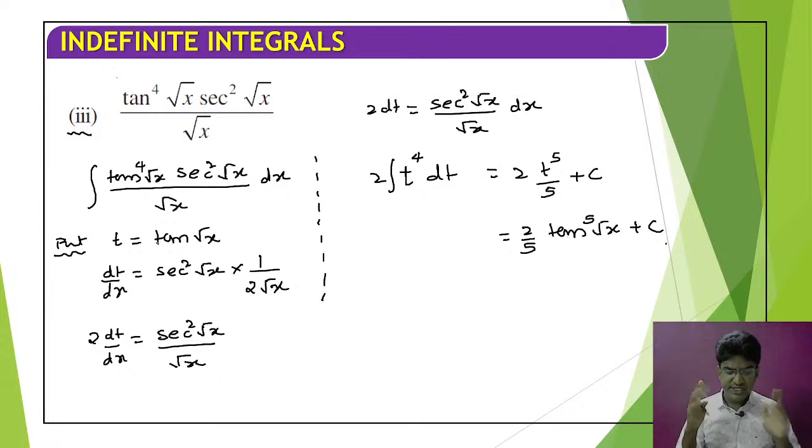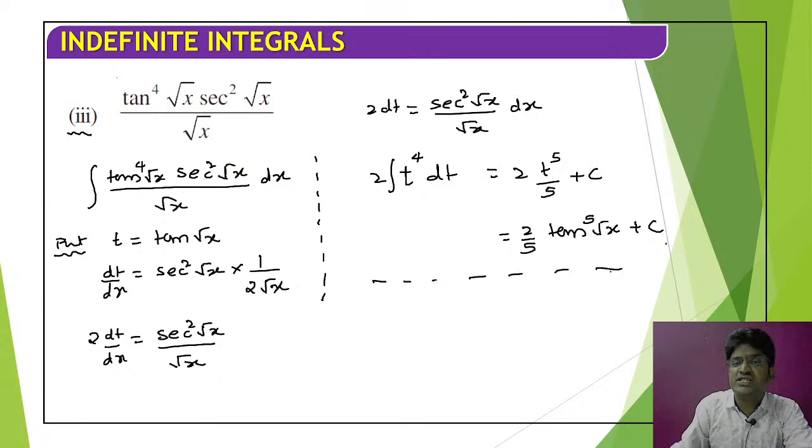So in the first step, the very important thing is what is t. Once you get t, you differentiate that. Once you differentiate that, you replace all the terms. After replacing all the terms, you must do integration. Once you do integration, your problem is over.